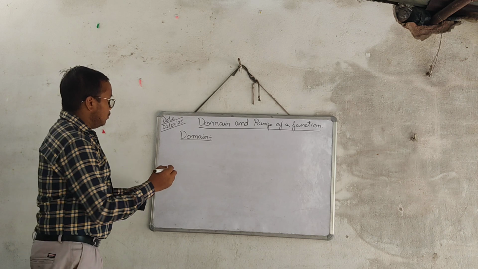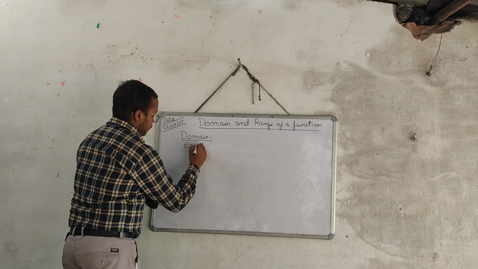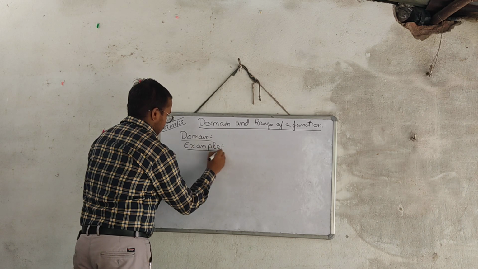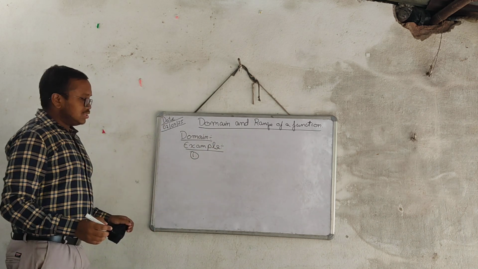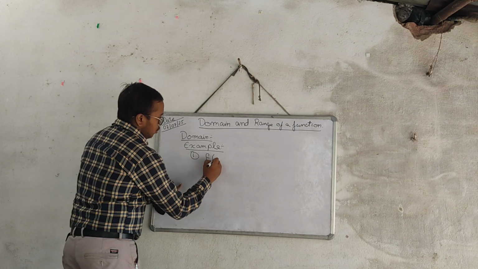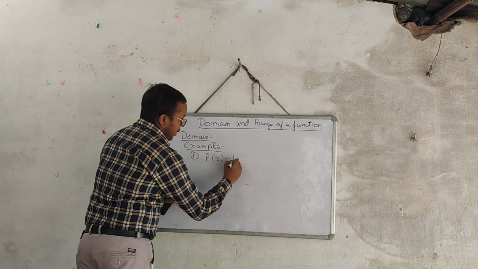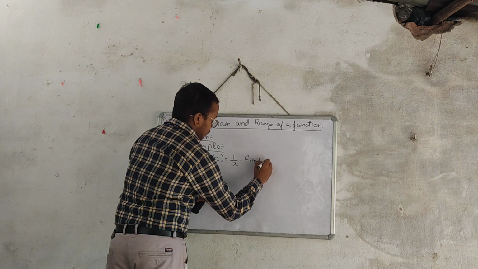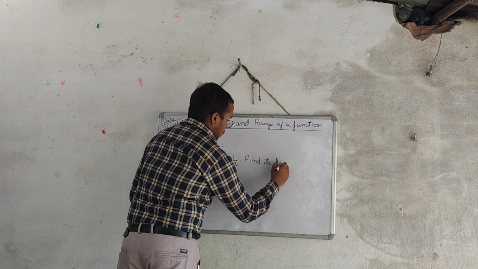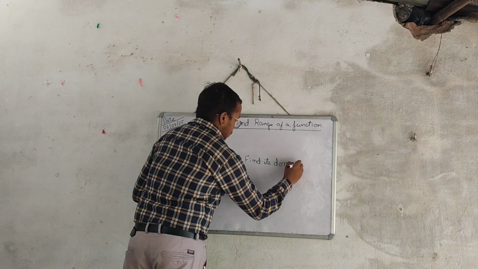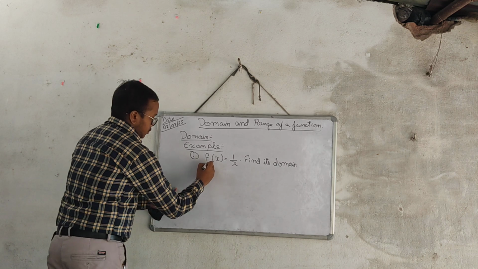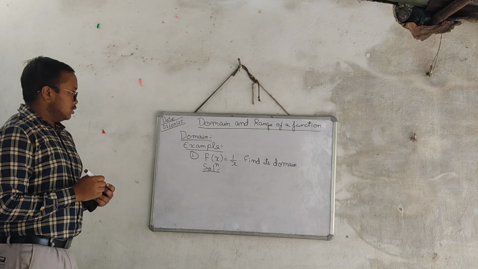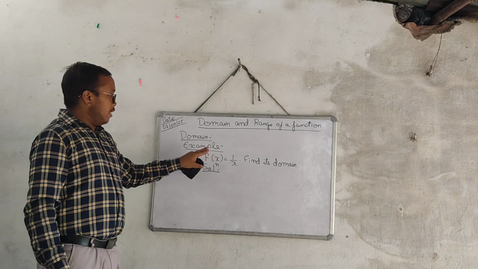So our first example: let's take a function f(x) = 1/x. Find its domain. See, is the function well defined for every value of real numbers?